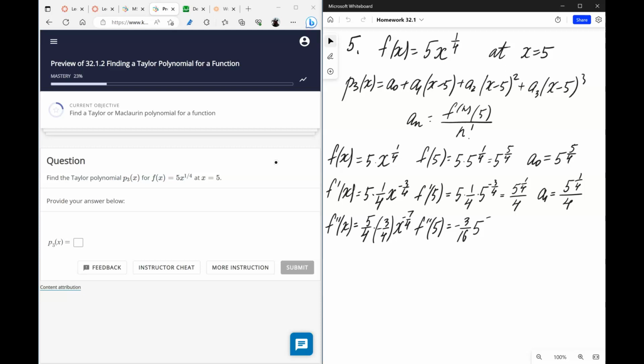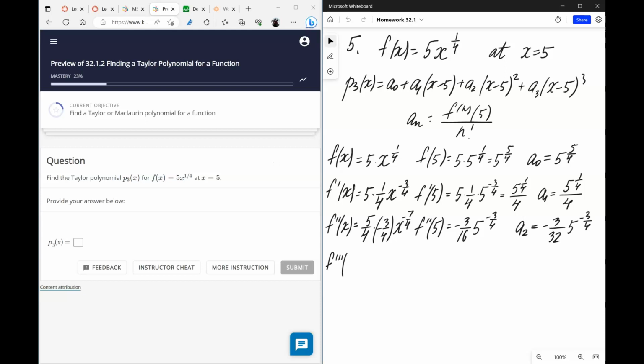I'm already simplifying this too much. So it's going to be negative 3/4. So a2 will be half of that. So it's going to be negative 3/32, 5 to the power negative 3/4.